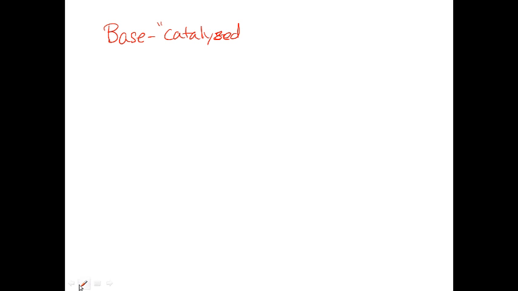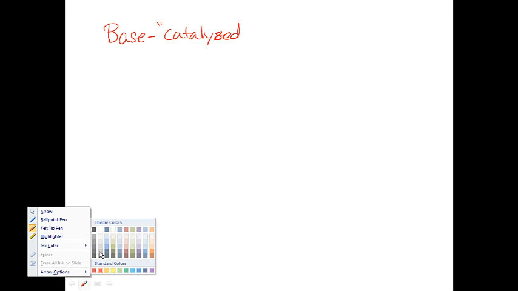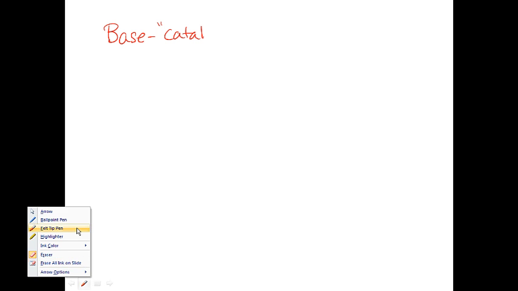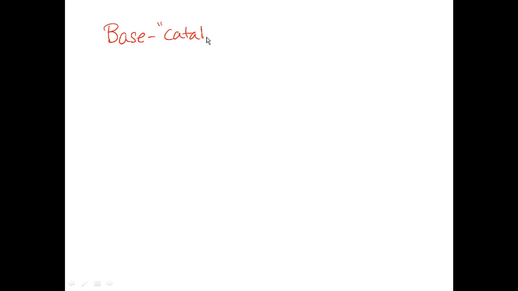Let's see, I should probably erase here. So base catalyzed, again, there's no catalyst here, so the base, the nucleophile, is just going to attack the epoxide and then open it up.